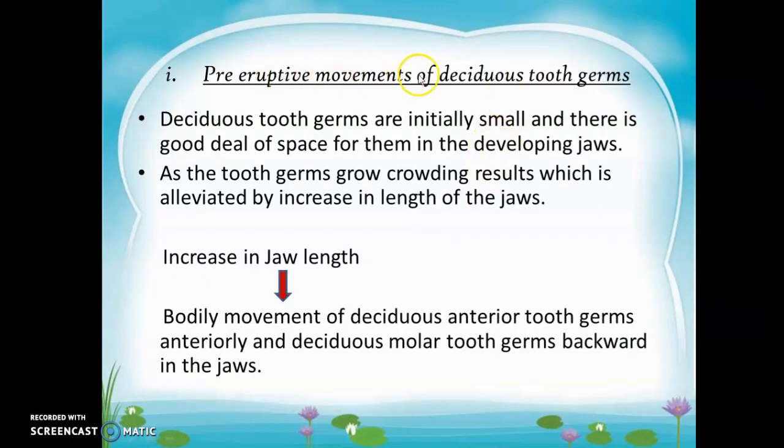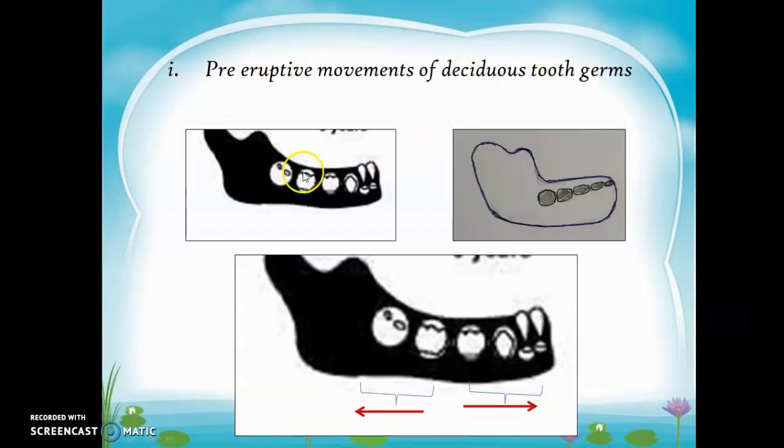Let's see the pre-eruptive movements of deciduous tooth germs. As you can see in this image, initially the primary tooth germs, deciduous tooth germs, are small in size and there is good deal of space between them. But as the tooth germs develop, they grow in size and it results in crowding.